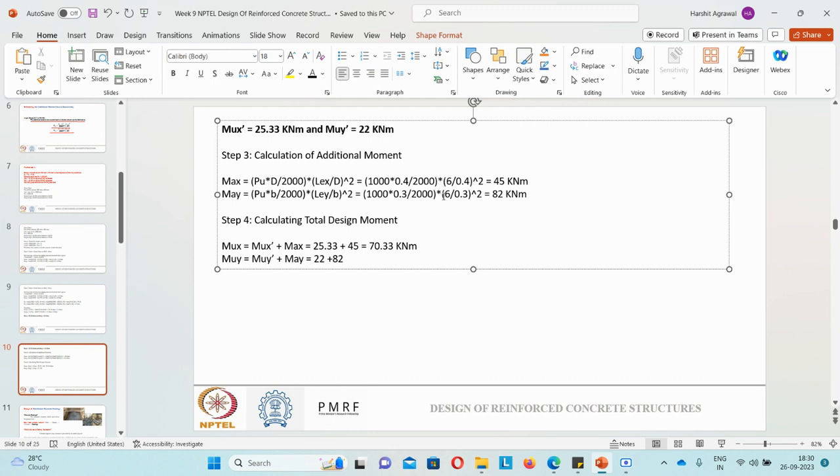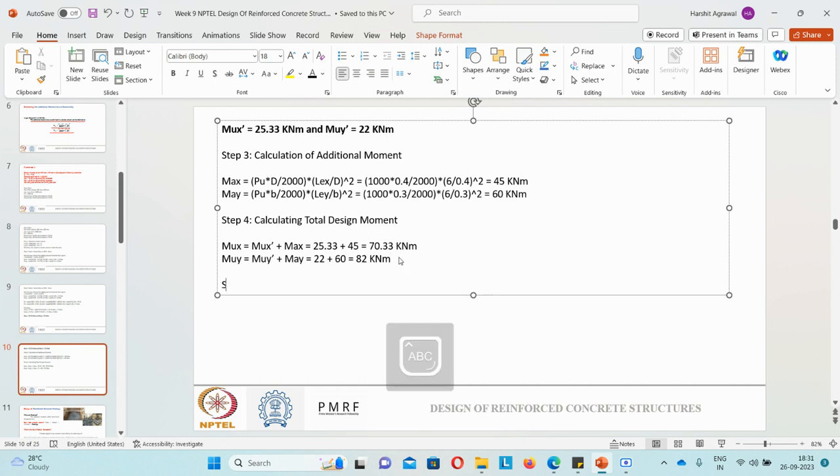Okay, so this is 60, not 82. The 82 is the net moment. So this value will come out to be 60, so plus 60, it will be 82 kilonewton meter. So this is the moment for which we need to design. We have calculated our design moment.